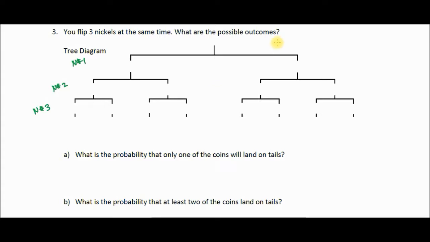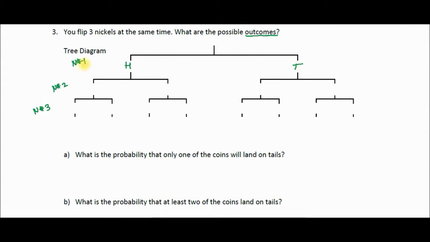Now we know, class, if we're asking for possible outcomes, we care about which side the coin lands on. So we don't care that they're nickels, we already know that. We don't care they're coins, we care about the outcomes, and we know the outcomes of flipping any coin are heads and tails.